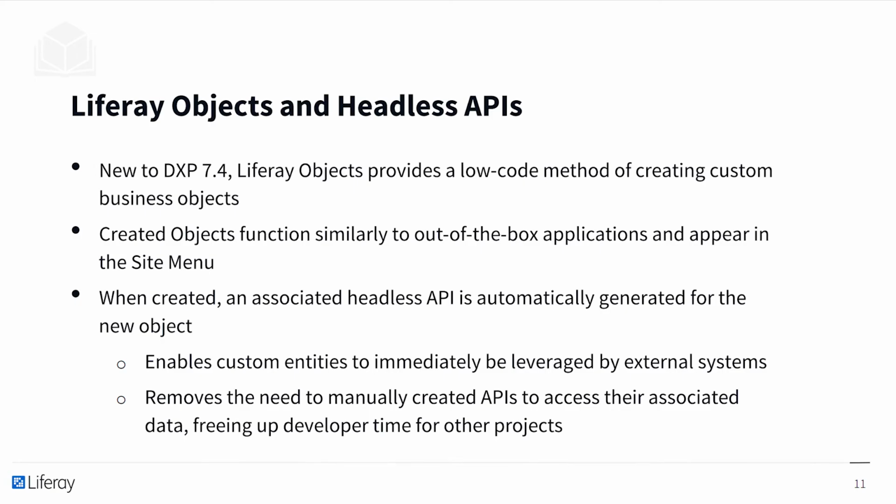The Mondego Group could use this functionality to avoid requiring developers to create a back-end project to handle accounts. Instead of a full OSGi module, Mondego could create a Liferay object with the same functionality. This saves precious developer time and removes the need to create a custom headless API, as one is automatically generated upon the creation of the object.